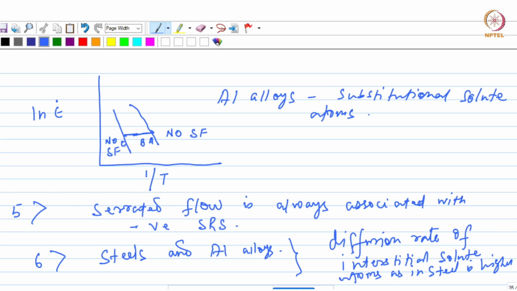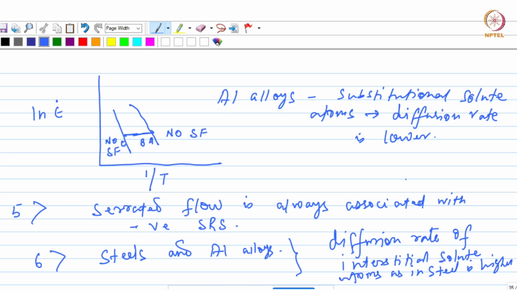And as a result of that, there is a time delay, or rather a critical strain, at which the serrated flow will start. That is because the diffusion rate of substitutional solute atoms is lower.